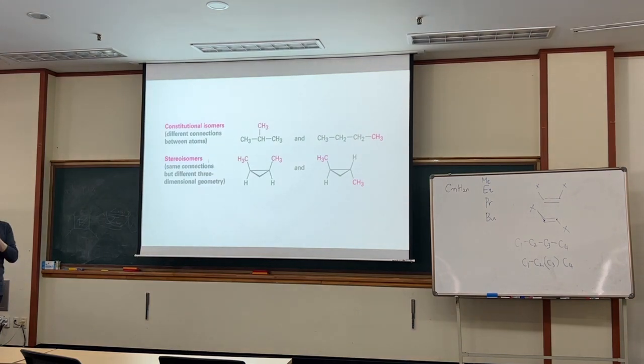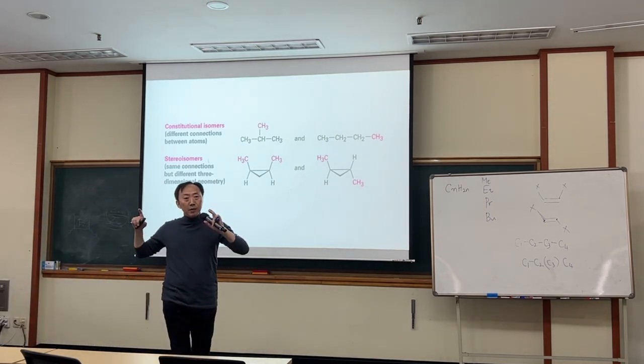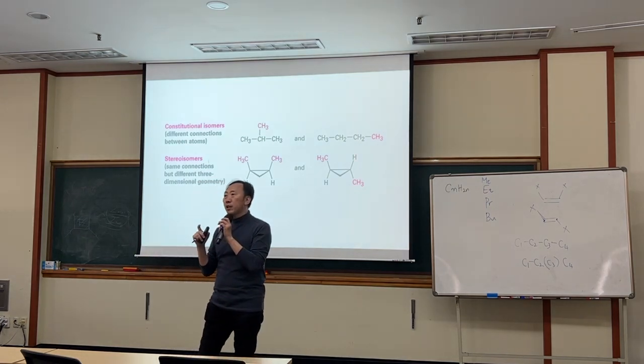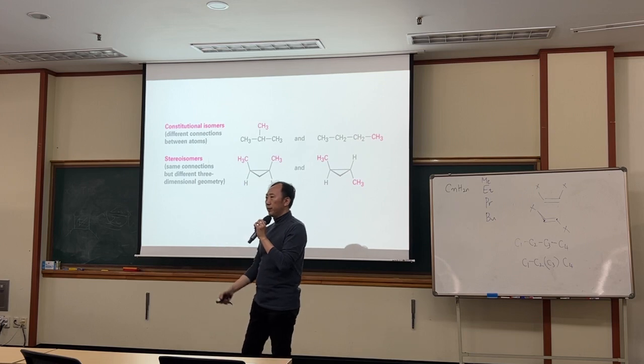This is what we call structural isomer or constitutional isomer. Okay? But here, if you write this way, you cannot distinguish. It's the same structure you can draw for both of them. In this case, we need to give a separate term, cis or trans. Okay? That's what we call stereoisomer. Stereo means three-dimensional, right? The three-dimensional position is different. Okay?